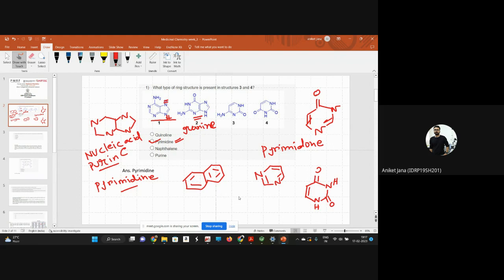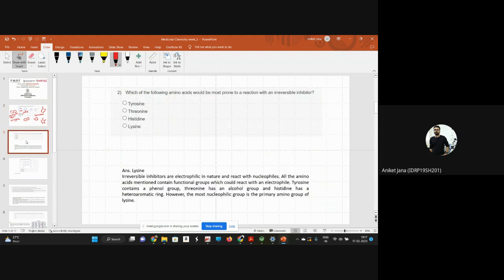Okay, let's move to the next question. Which of the following amino acids would be most prone to react with the irreversible inhibitor? So, what is the answer?